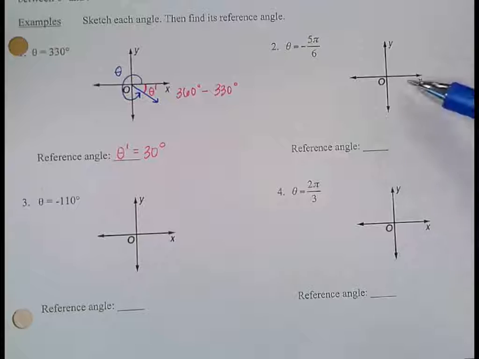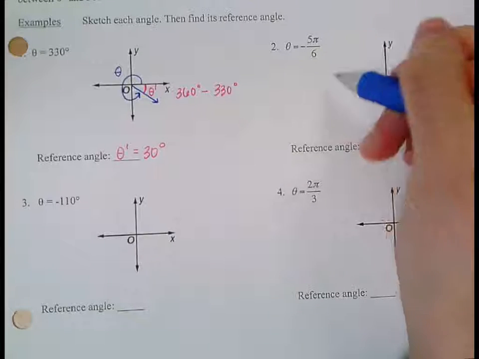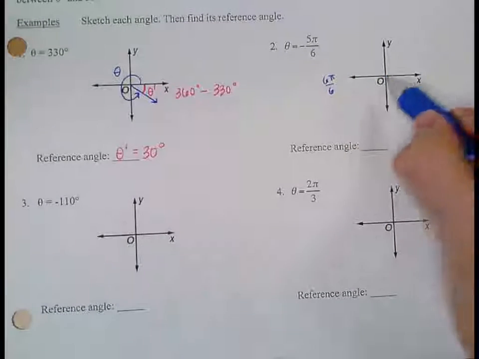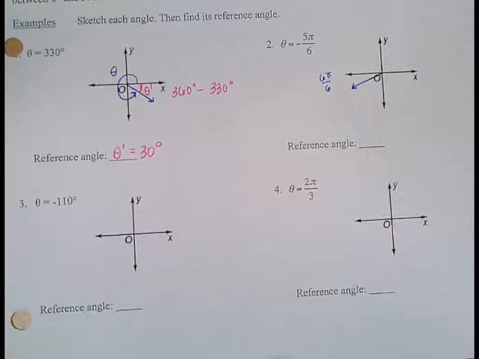If you're starting at 0 and it is negative, so we're going clockwise, if we went halfway around, that would be equal to 1 pi, which in sixths is 6 pi over 6, meaning 5 pi over 6 would be about here. So not quite halfway around. Again, you're going clockwise because it's negative.